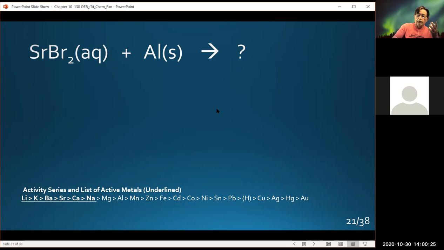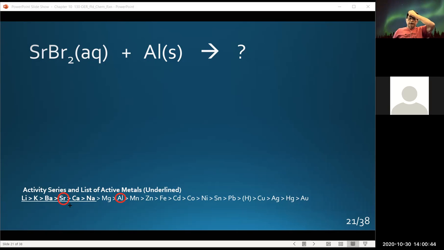We have strontium bromide and aluminum. So we need to first determine who's more reactive. We have aluminum sitting there, and we have strontium bromide. Here, strontium, Sr, is a lot more reactive than aluminum.